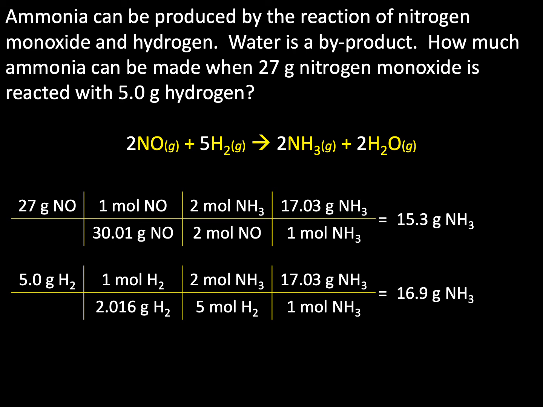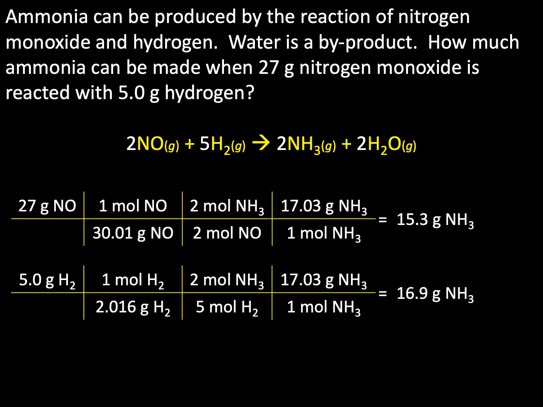Okay, so what does it mean? We've got two amounts of ammonia. Which one is right? What do we do now? Well, some people will say we add them together. Don't do that. Okay, this is a limiting reagent problem. It's like a recipe. What we have just found out is that we have enough nitrogen monoxide to make 15.3 grams of ammonia.